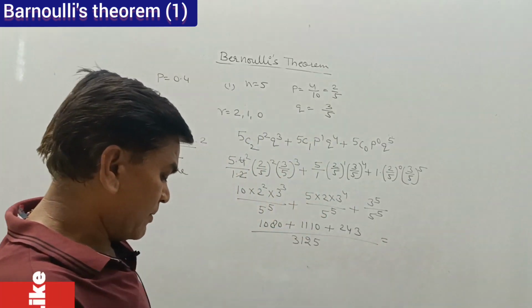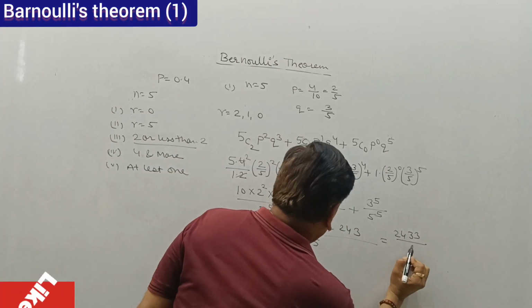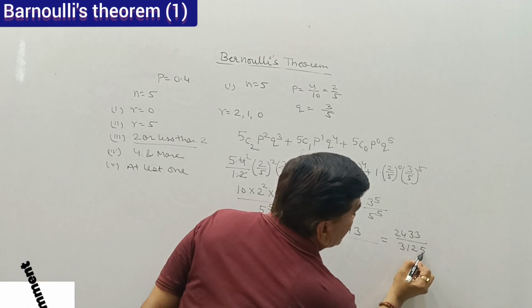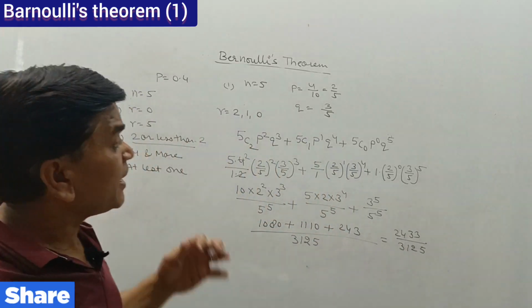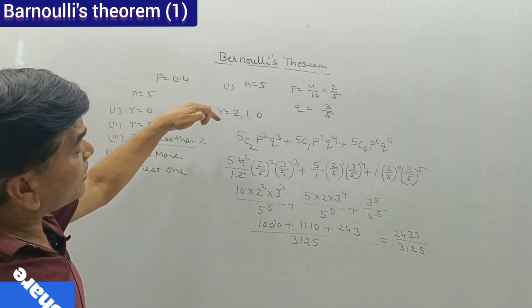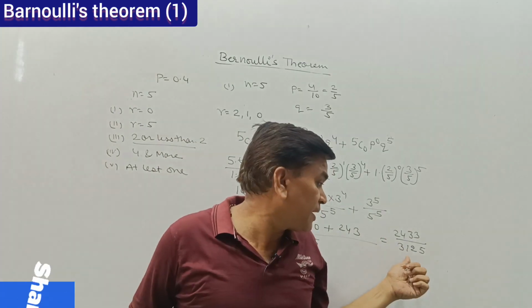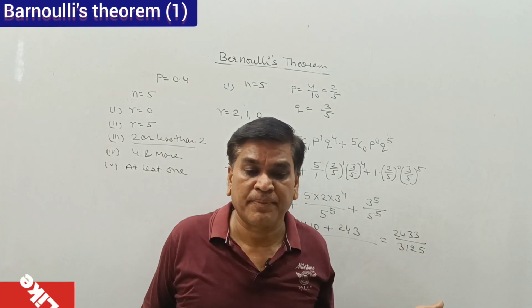So the result will be 2133 divided by 3125. So this will be the probability of getting 2 or less than 2 students passing. The probability is 2133 divided by 3125.